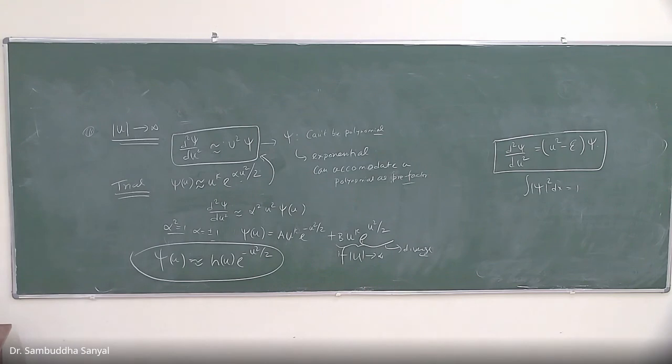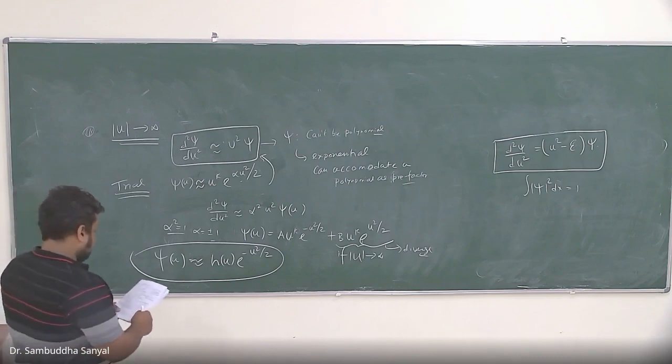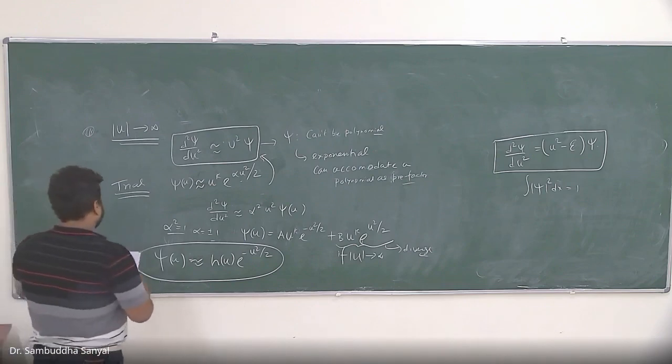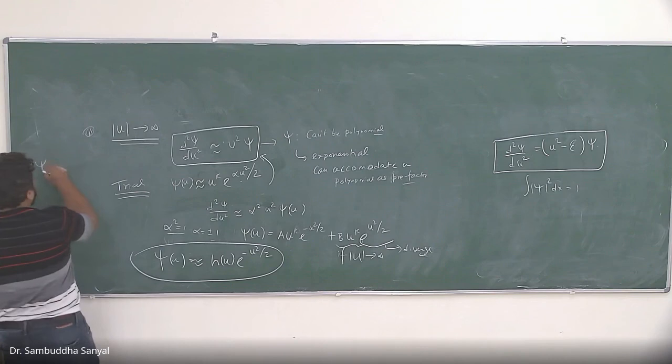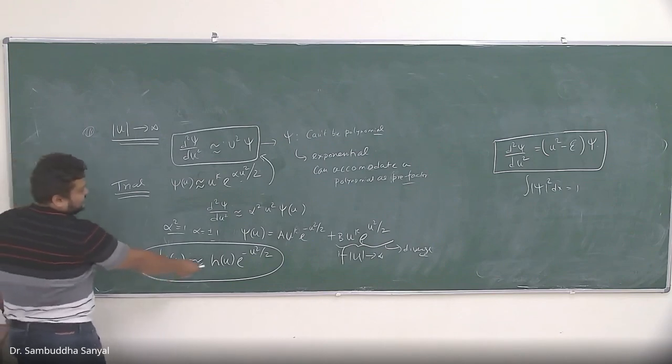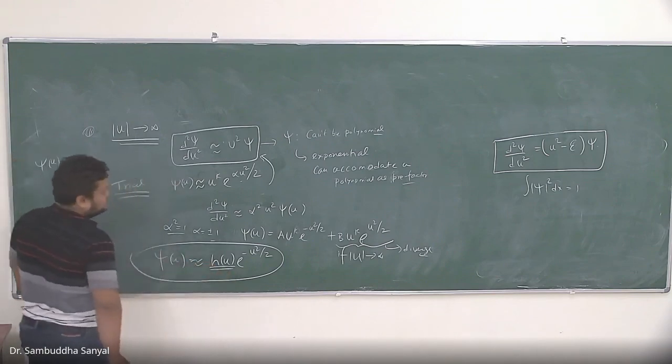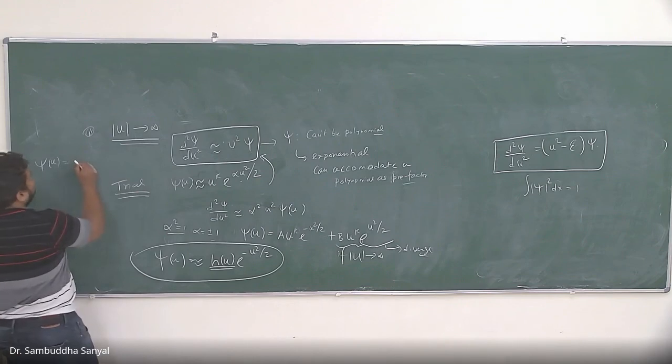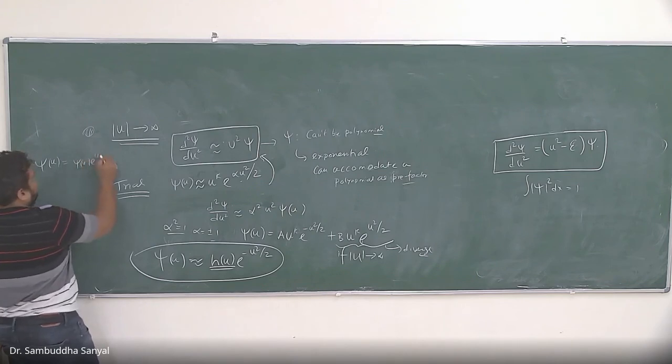Now notice that this guess is little. So you might be thinking that there is nothing special here. Why? Because I can always generally say, it's a polynomial function. That point is very important. Otherwise, I can always do this, right? I can write psi of u as some h of u times e to the power minus u square by 2, that is h of u e to the power minus u square by 2.